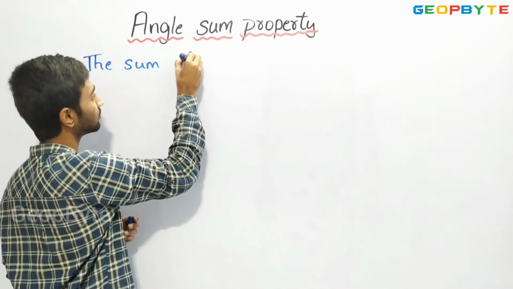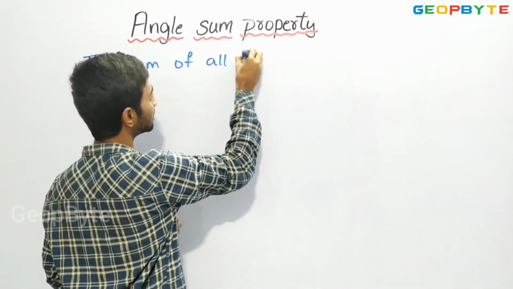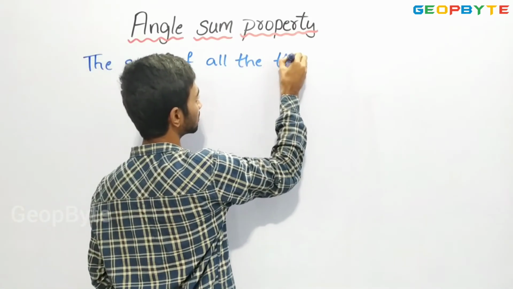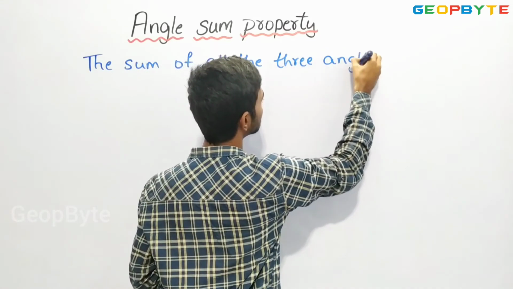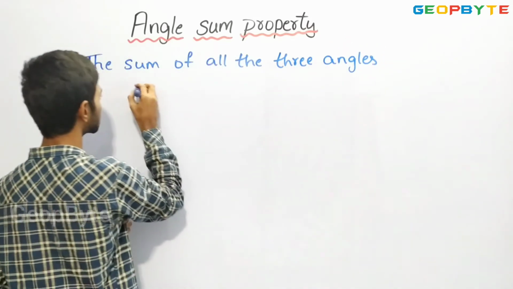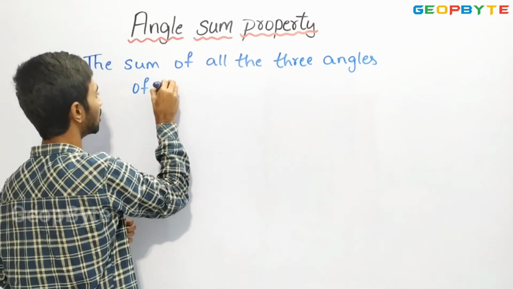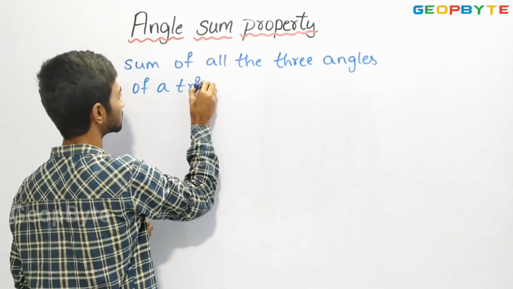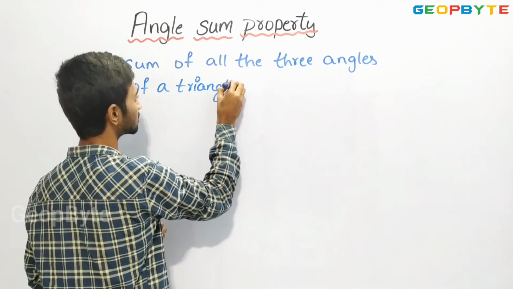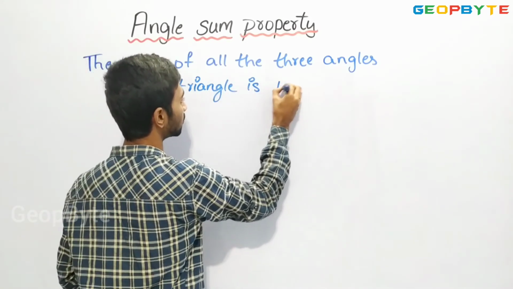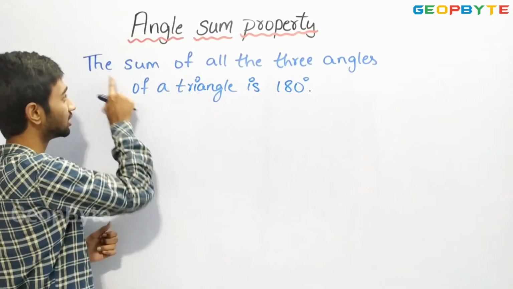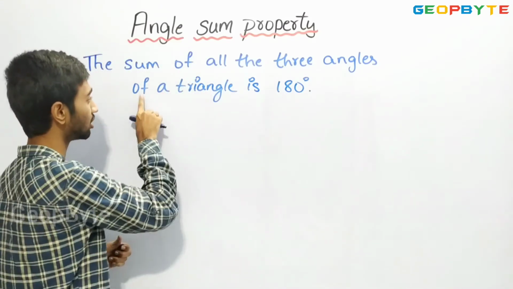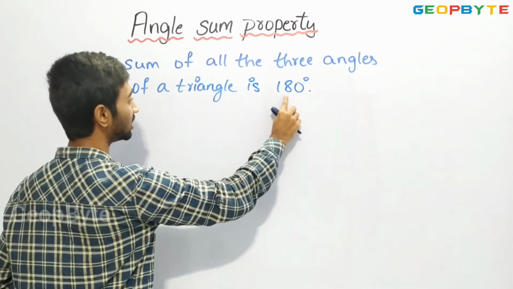The sum of all the three angles of a triangle is 180 degree. So we know that the sum of all the three angles of a triangle is 180 degree.